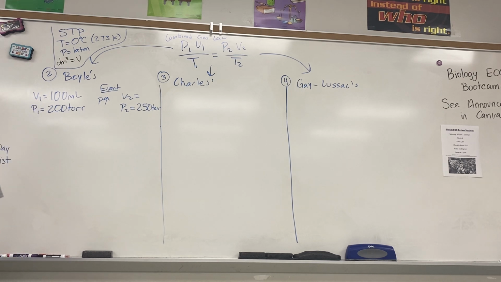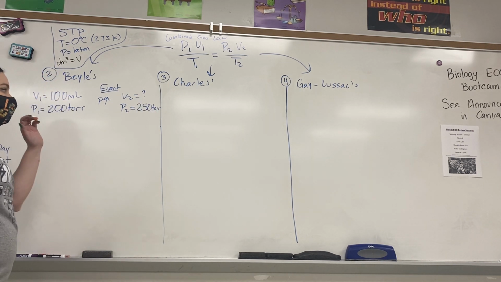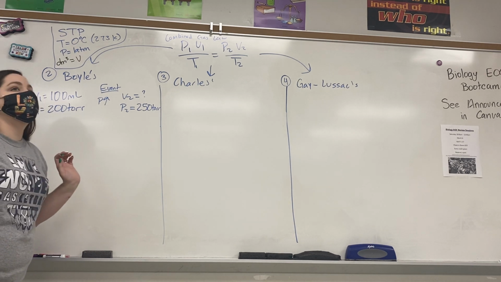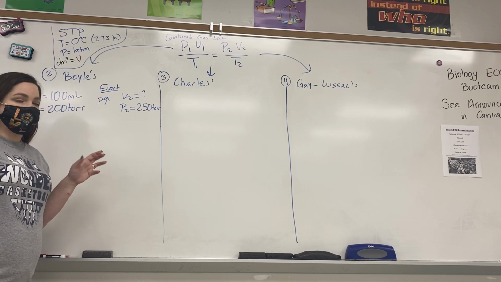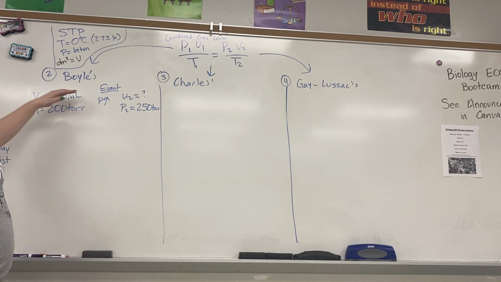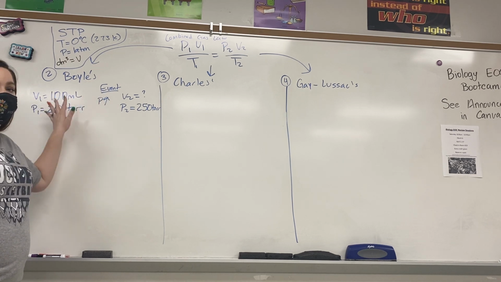Now that you have all your numbers and you know what you're solving for, before you do anything, you need to figure out if you have to convert anything. One of the main things you have to convert is your temperature, from degrees Celsius to Kelvin. Well, in Boyle's law, we are not dealing with temperature. We did not get any information about temperature.